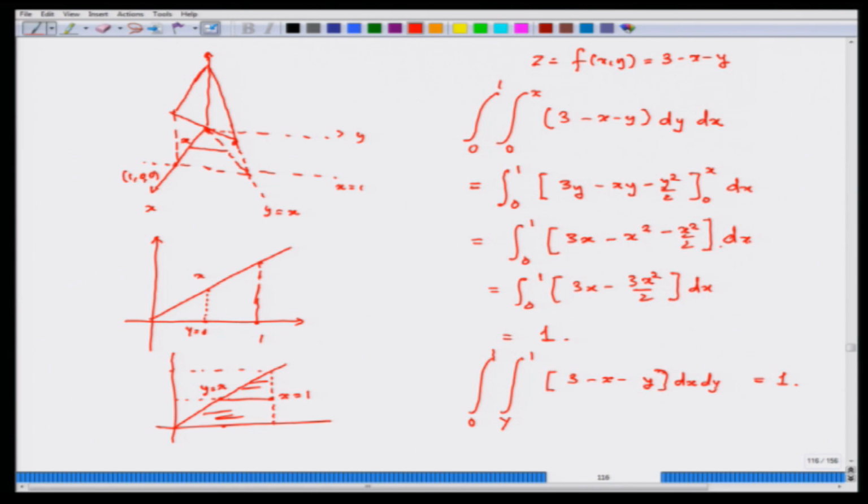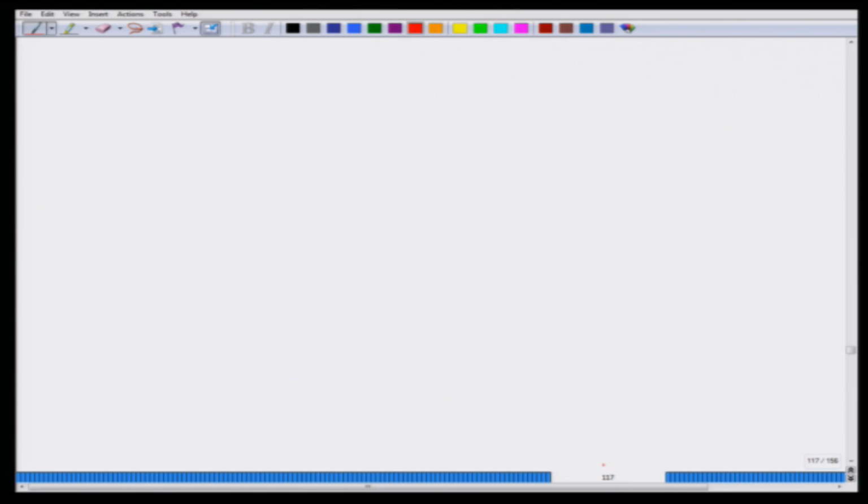You have to understand that things may not always be very simple. For example, if you want to integrate this function, sin x by x, over the same region. First I do it keeping x fixed, from 0 to 1, and varying y from y equal to 0 to x.